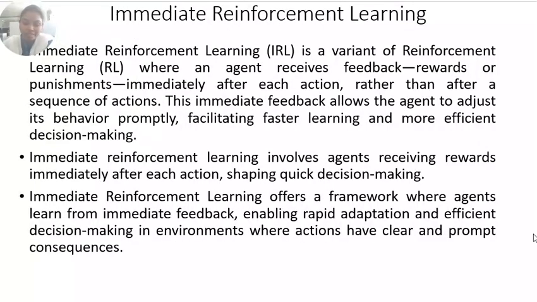As we already discussed, reinforcement learning is the method where the agent has to perform different actions through different states and achieve results, or get rewards. So what does the term immediate add here? Immediate means we are receiving the reward immediately after performing the action.